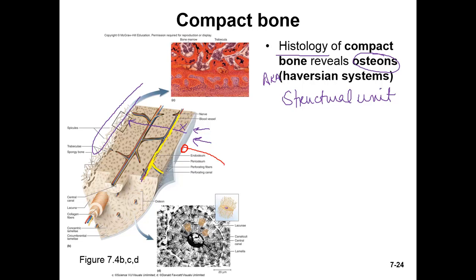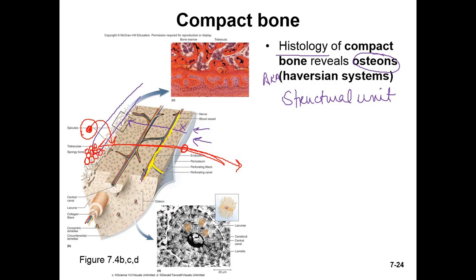We have to get blood vessels into the deep inside part of the bone, because in the deep inside part is where you have the red bone marrow, and remember that the red bone marrow is making the blood cells. So if this is our red blood cell, the red blood cell has to be able to get into the blood vessel, and then we would take the red blood cell out of the bone, and it will travel through the rest of the body.